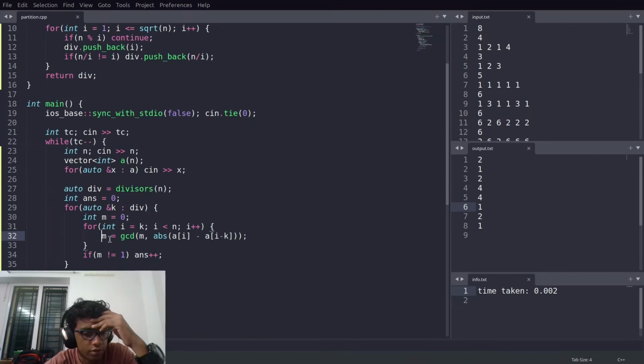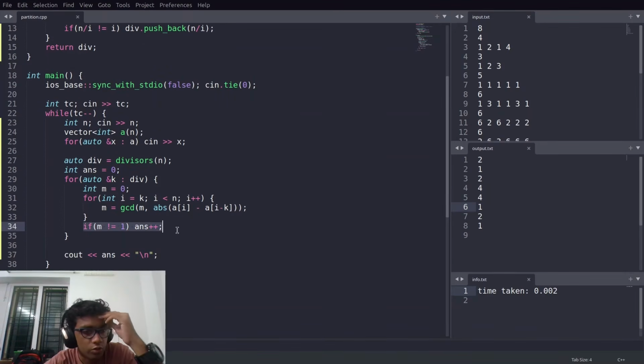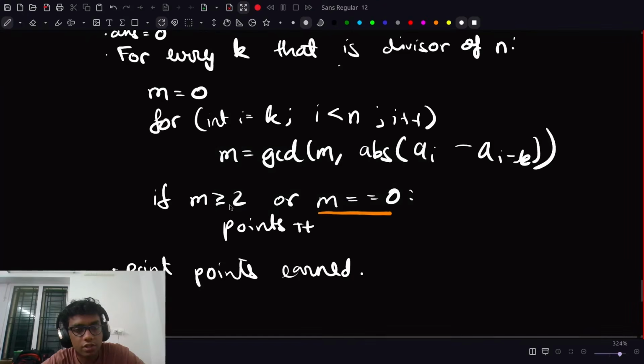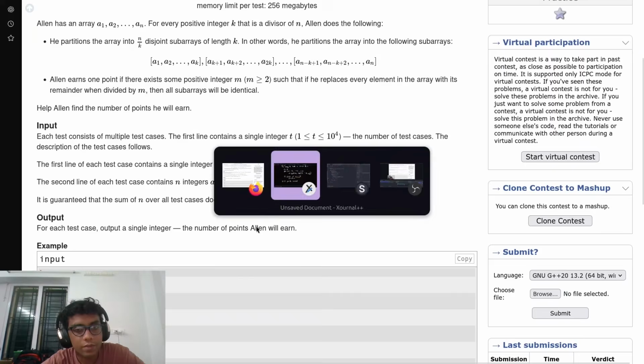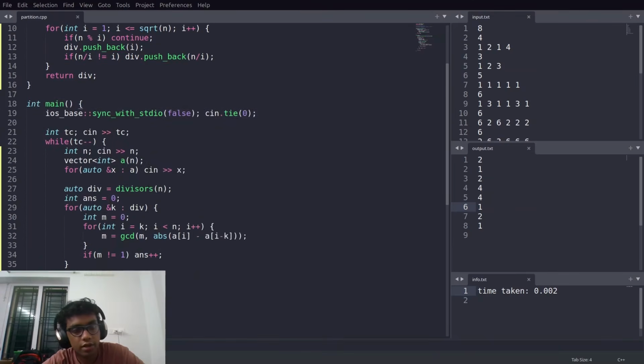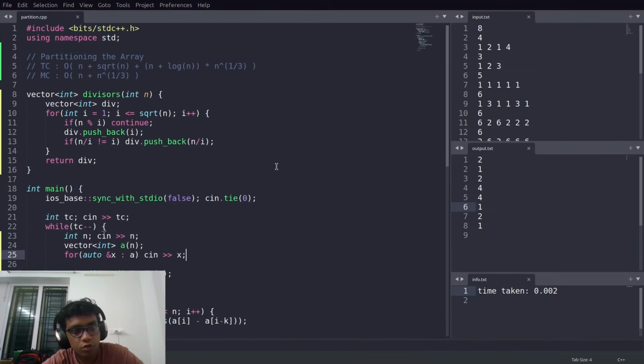Now, if m is not equal to 1, the answer increases. Why did I write it this way? As you can see, the logic is the exact same. If m is greater than or equal to 2 or m is equal to 0, that simply means m is not equal to 1. So if m is not equal to 1, we get more points, so I increase my answer. Finally, I output my answer. So that's how we write this solution to this problem.